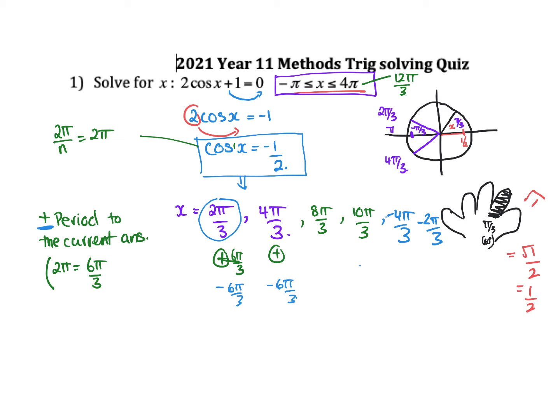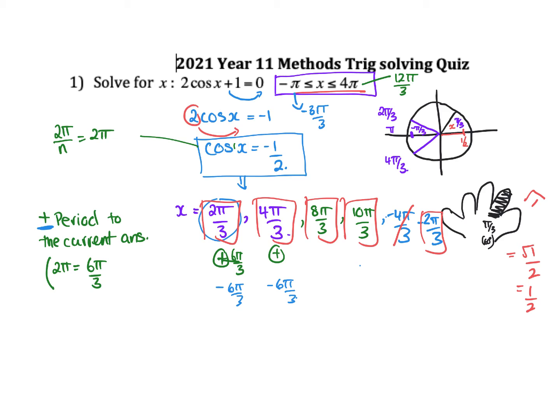Now we have to go back to -pi, which in thirds would be -3 pi on 3. So -4 pi on 3 is out of it, and these other ones become my answer.